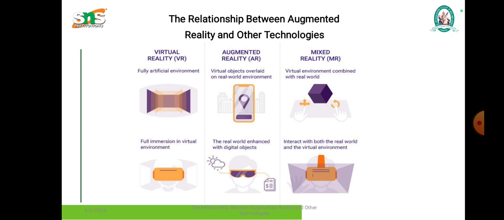VR is full immersion in a virtual environment, but AR is the real world enhanced with digital objects. But in MR, you interact with both the real world and virtual world. It is a combination of AR and VR, and it is called MR. So these are the relationships between AR, VR, and MR.